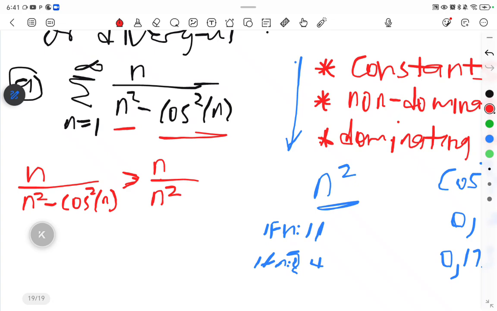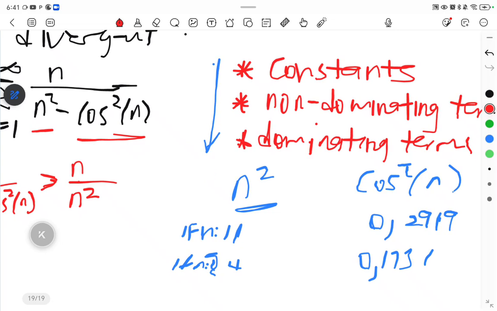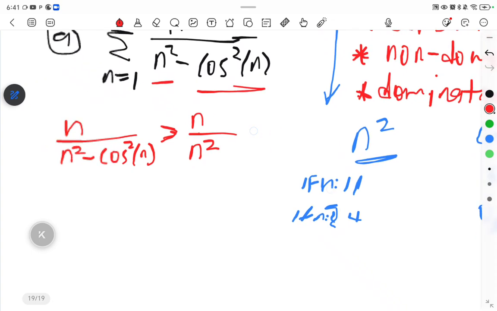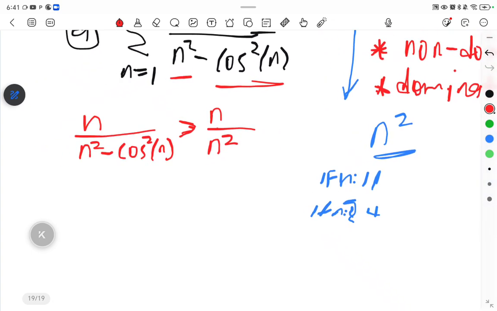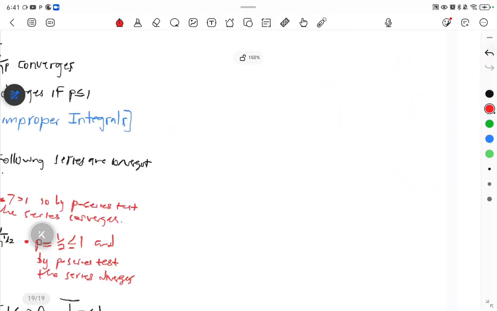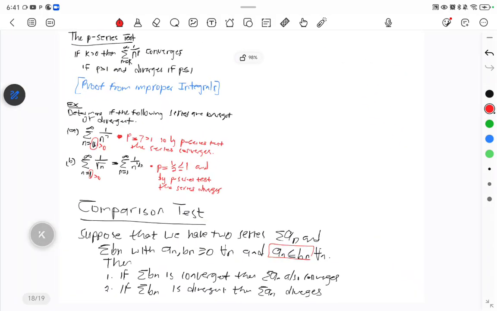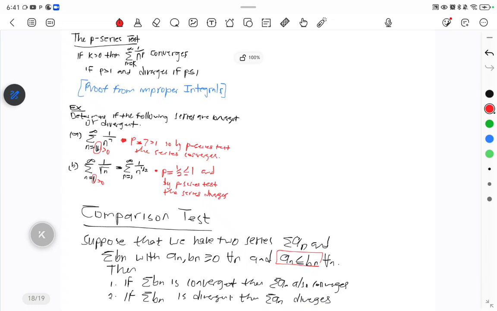You see that cos is the non-dominating one, so I'll reduce it. Then this one we know will be equal to 1 over n. Then this means that I can check, this is my what? Always you see that a of n should be smaller than bn. But the question is, what do you do when an becomes bigger than bn?